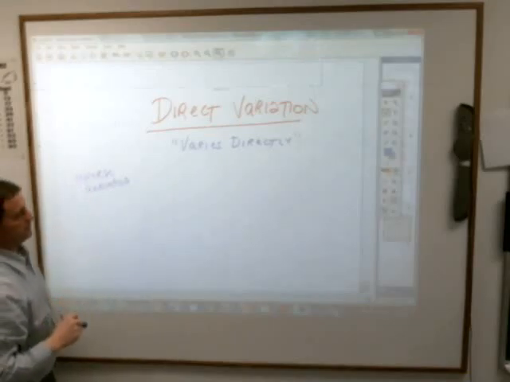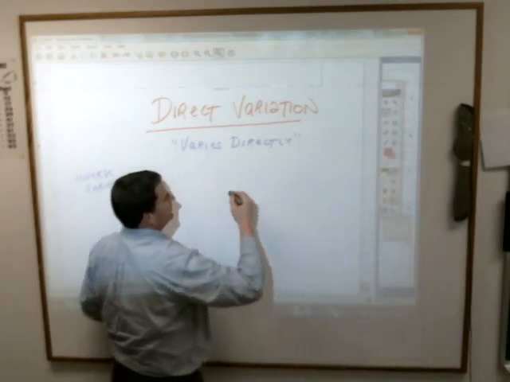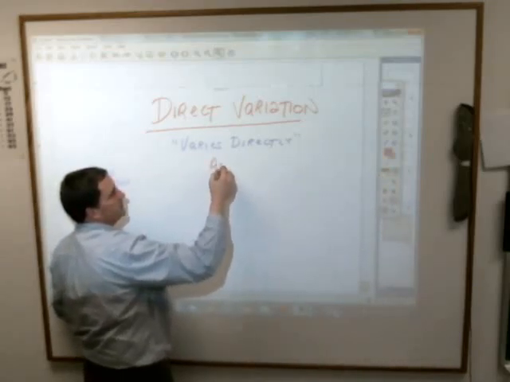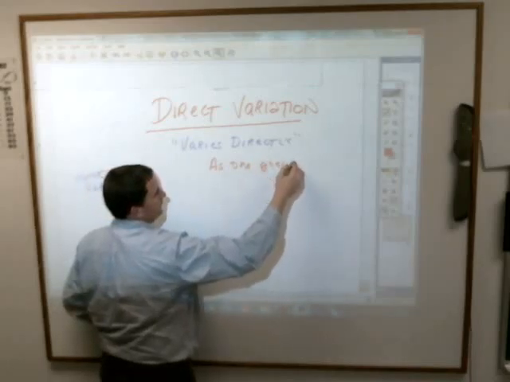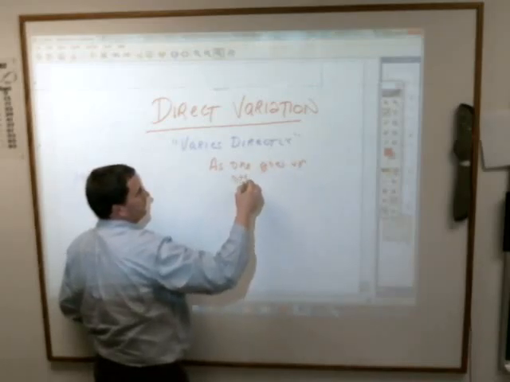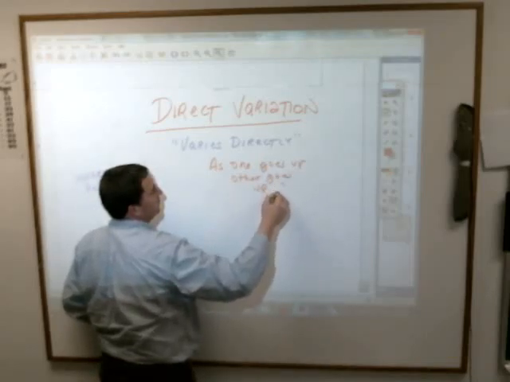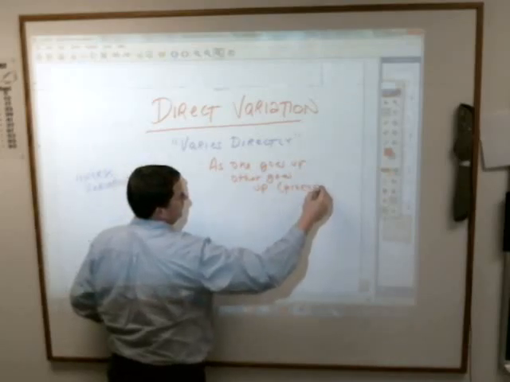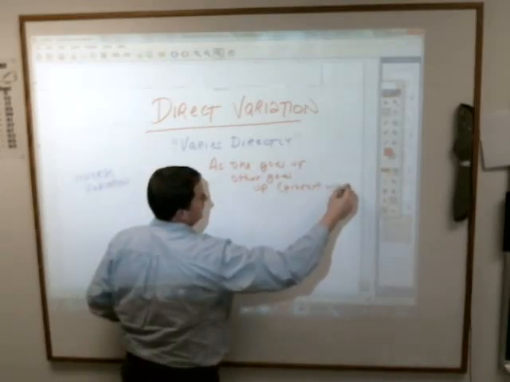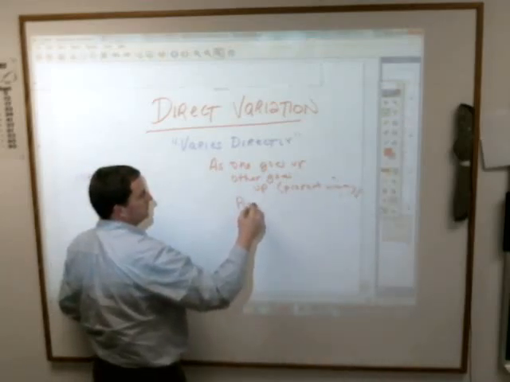The difference is, direct variation simply means as one goes up, the other one goes up. And it is a proportional thing.